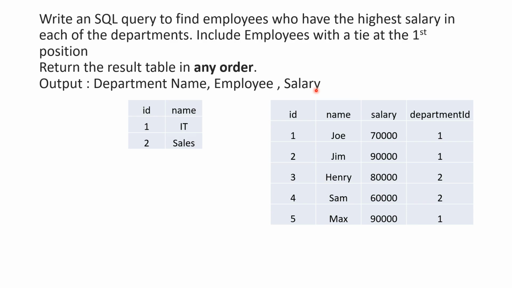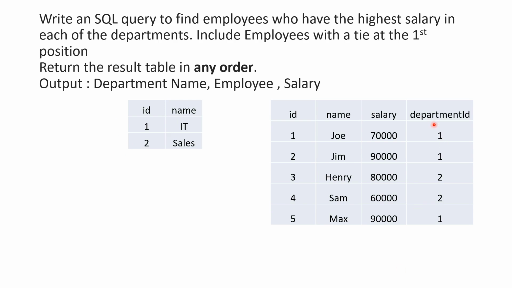So now the employee table contains the details of all the employees in each of the departments, their name, salary, department ID, and the department table contains the names of each of these department IDs, right? So we just need the names of each of the departments in our result from the departments table, but the entire calculation of finding the highest salary for every department can be on just the employees table, right?